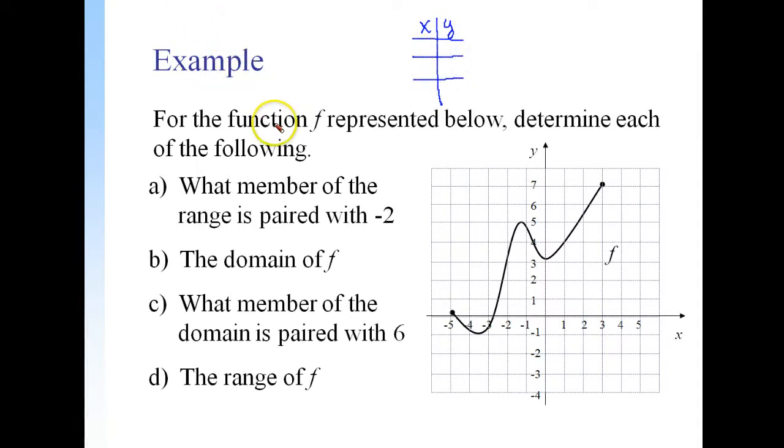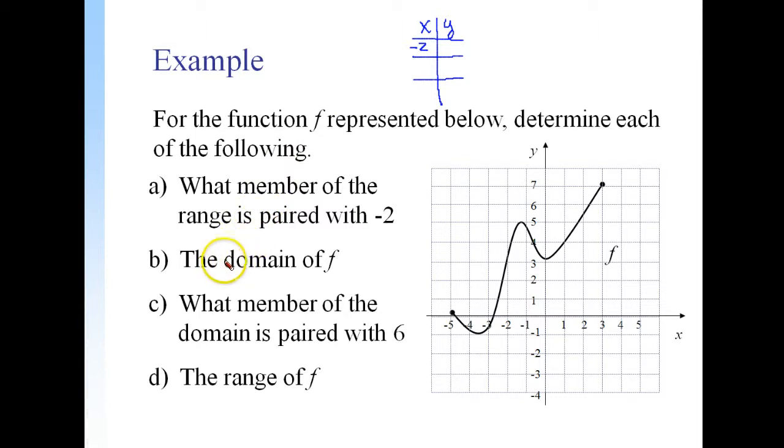Now they're saying, what member of the range is paired with a -2? Well, they're asking for the range, so that's a y unit. So they're giving you the x unit. That goes there, -2.